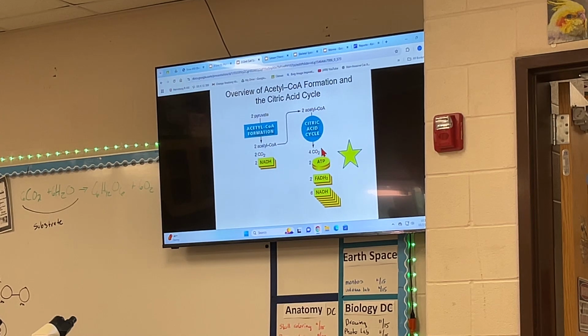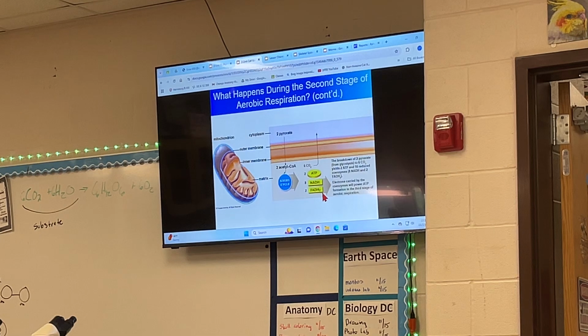So the Krebs cycle, we're going to get some ATP, some FADH, and some NADH. The FADH and NADH are going to go to the electron transport chain also. So again, we went from the cytoplasm into the mitochondria.